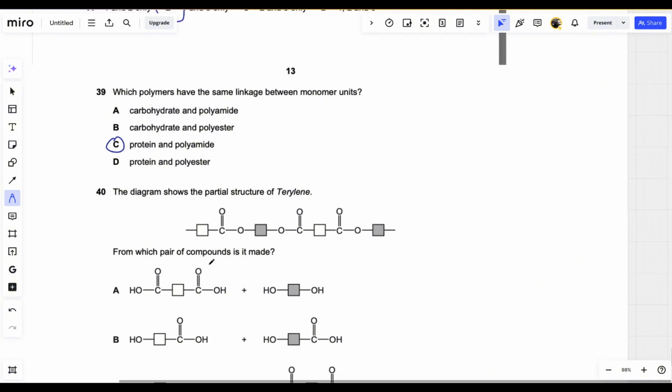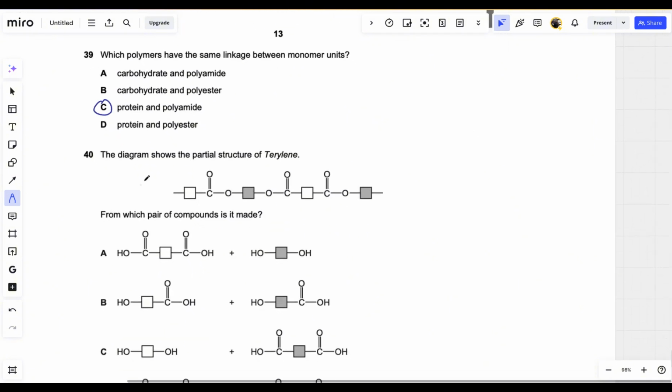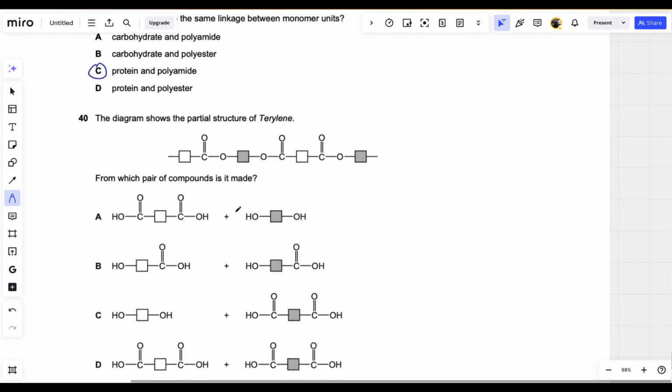Then the last but not the least. The diagram shows the partial structure of polyester. You can see how it's formed: double bond to O, single bond to O, then the shaded one to O again. It says from which pair of compounds is it made? Obviously from the compound that has C, double bond to O, single bond to OH.